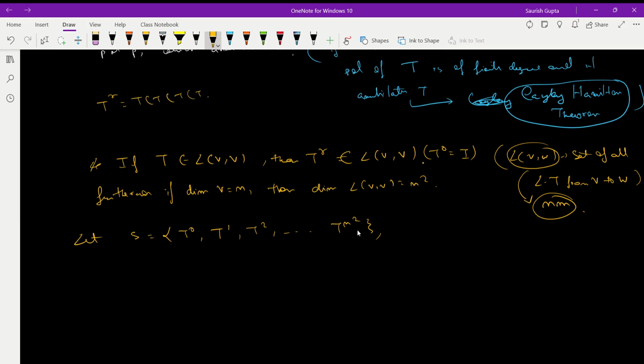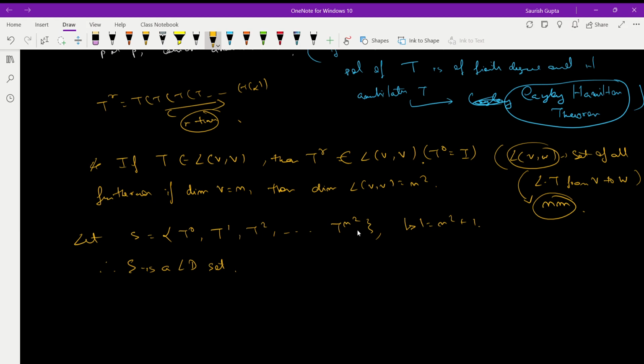T0 is basically the identity linear operator. So let us consider T0, T to the power 1, T squared and so on till T to the power n squared, where T^r is nothing but the composition of T, r times: T of T of T and so on, of T of some alpha.